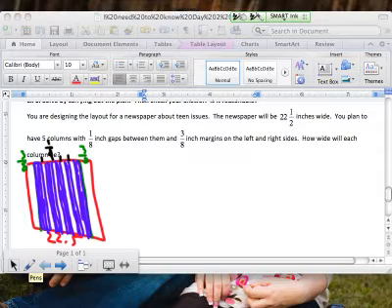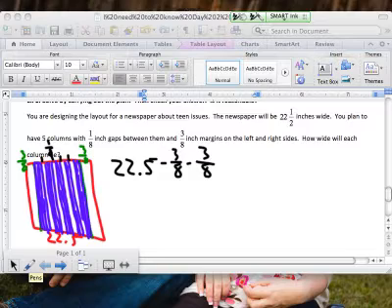Okay, so here's what you know. Big picture, have a plan. Okay, you start with 22.5 inches. Okay, you subtract 3/8 of an inch from one side and 3/8 of an inch from another side. Okay, you also have 1, 2, 3, 4 1/8 inch gaps between each column. Okay, 4 1/8 inch gaps means there's 4/8 of an inch total.